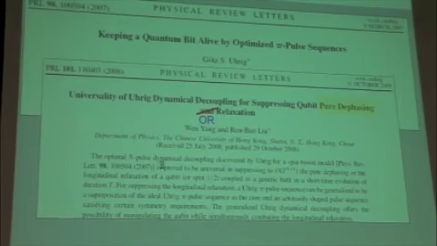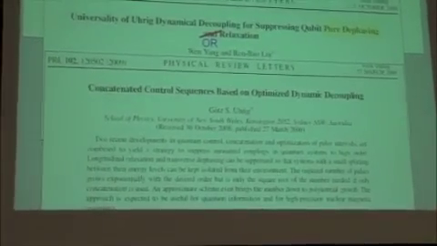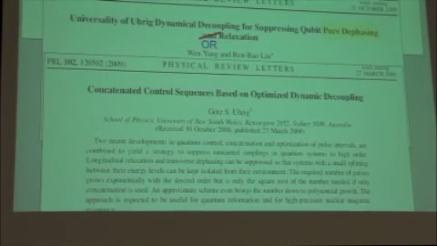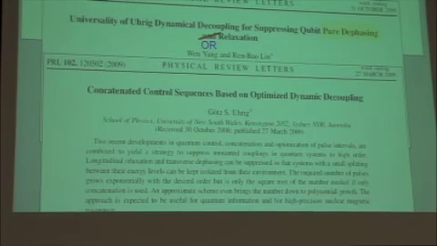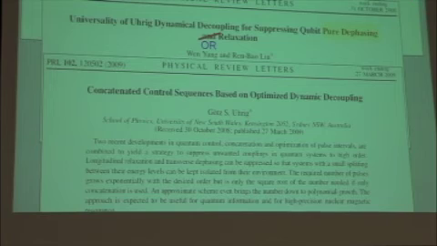So, not to be outdone, Ulrich followed with a paper that showed how to eliminate general decoherence on a qubit, not pure dephasing. Like what CDD does, like what concatenated decoupling does, it works with general decoherence.